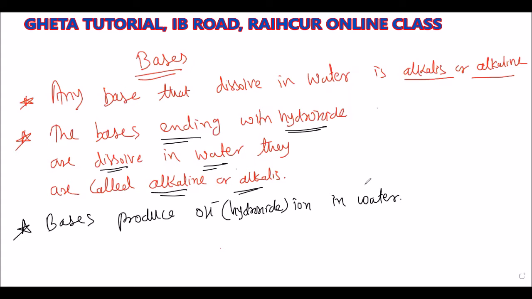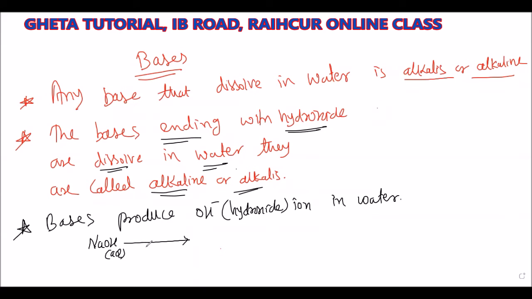Okay. So for an example, see NaOH. When water is added, and if you do not want to write water, then in the bracket you can write aq. So that is called a solution of hydroxide.